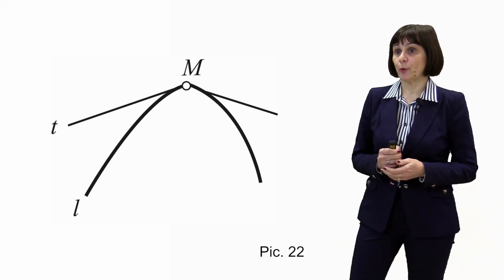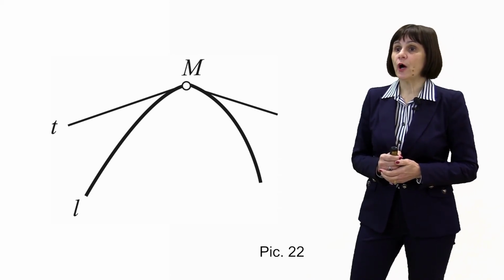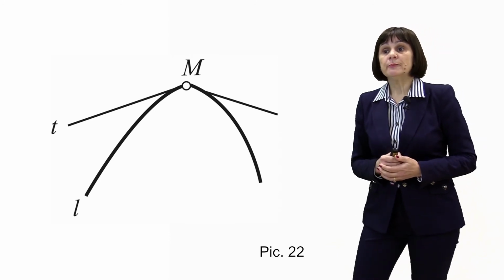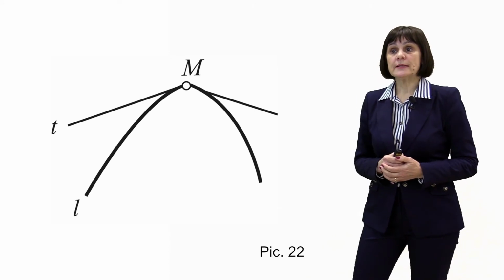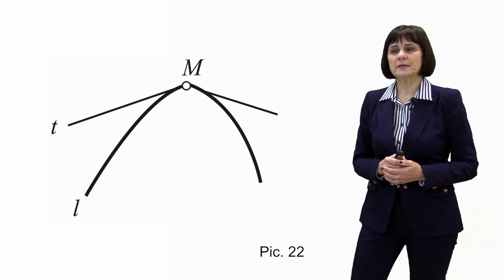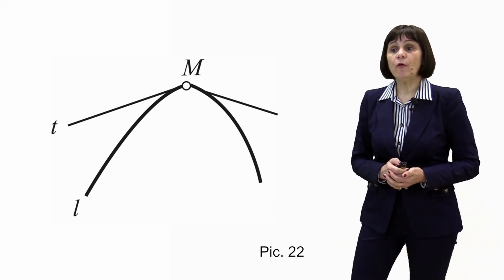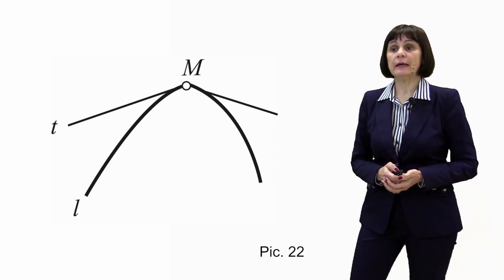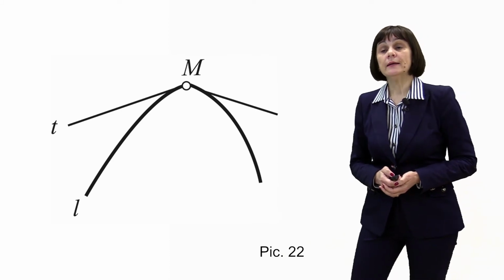And the last property: the order of a plane algebraic curve in parallel projection does not change. It means that the number of points of intersection of the curve and straight lines is preserved.